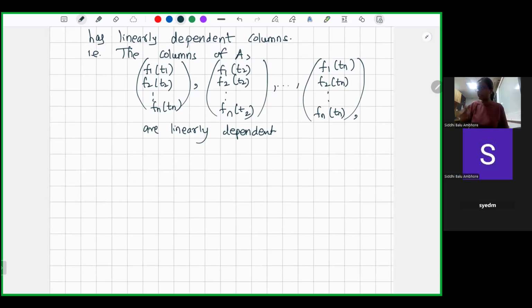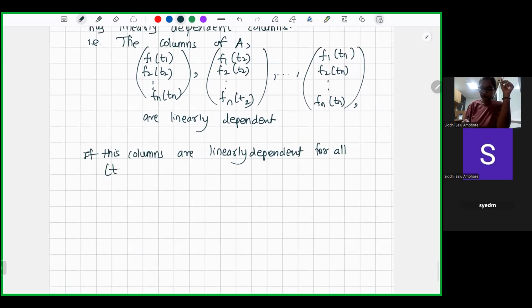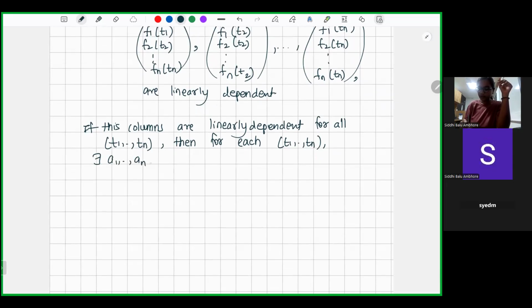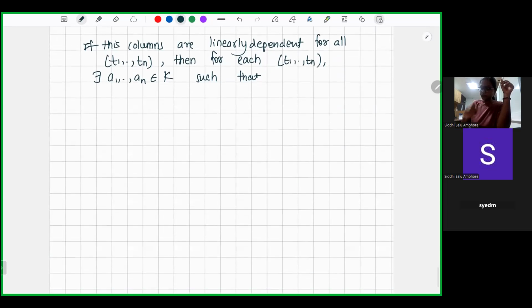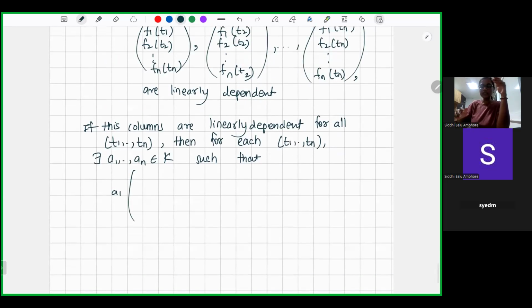So if these columns are linearly dependent for all these T1 to Tn, then for each T1 to Tn there exist some A1 to An in K, not all zero, such that, since these columns are linearly dependent, I will have this linear combination, right?